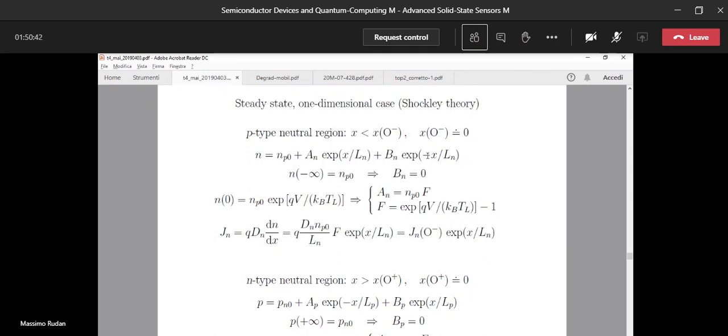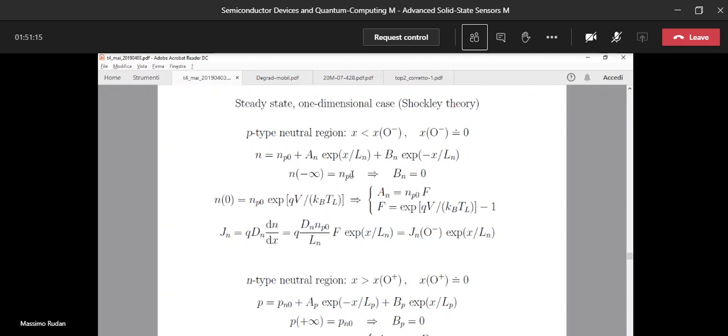Of course, this is unphysical. This is something that cannot be accepted because we cannot accept solutions that diverge. So the only way to prevent it from occurring is that Bn must be 0, okay? If you let Bn equal to 0 and then you put x to minus infinity, of course, you find n at minus infinity is equal to np0. So you have fulfilled the boundary condition on the left.